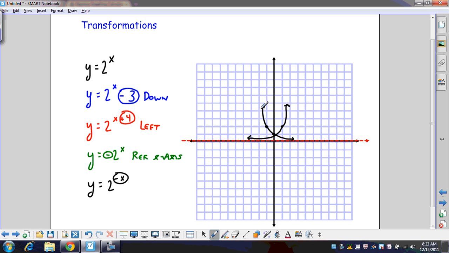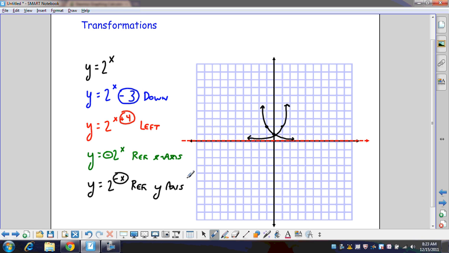So if I have a positive 1 for x, that's going to become a negative 1. Now, in the case of 0, it's going to stay exactly where it is, because if x is 0, making it negative 0 doesn't change it at all.